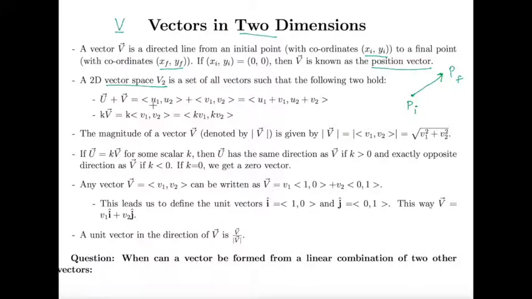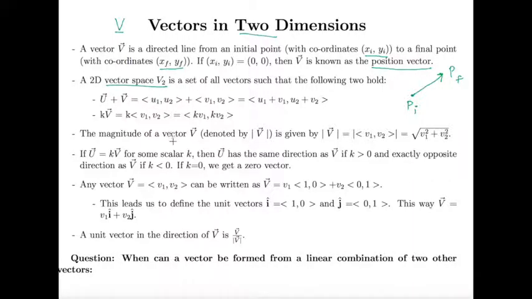So we can say (u1, u2) plus (v1, v2) is equal to (u1 plus v1, u2 plus v2). And if we multiply a vector by a scalar, we can multiply that scalar by both the x and y coordinates. If that is true, the set of all the vectors that fulfill these conditions form a vector space in two dimensions.